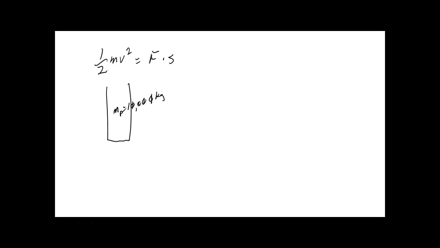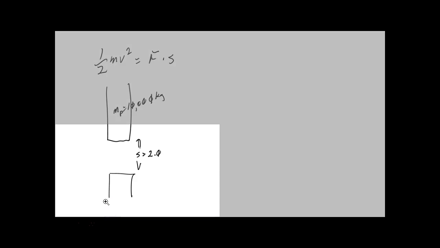Now, it's going to drive down onto the pile that it's trying to drive here, and the distance it's going to drop is 2.0 meters. The S here is 2.00. No, I can't read. Oh, that's not what I want to do.